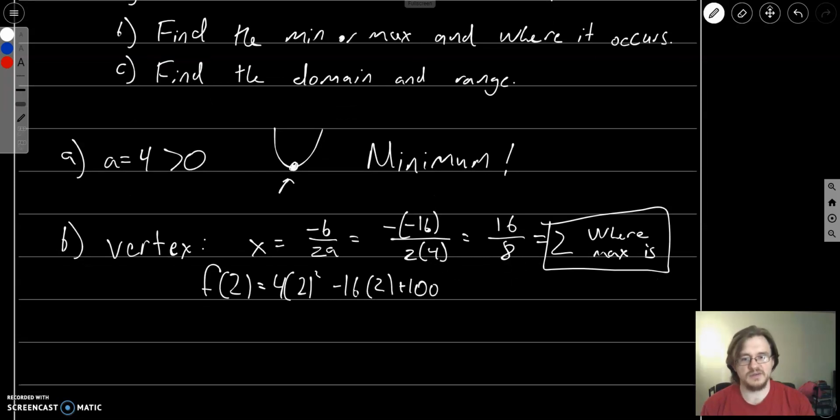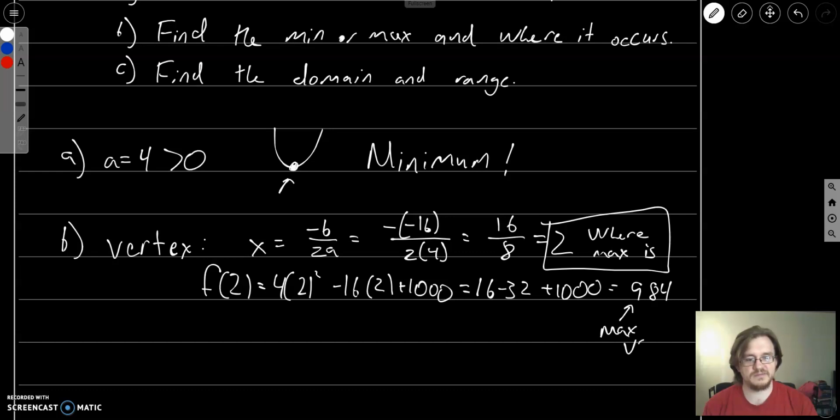And, oh, that's not 1,000, this is 1,000. So 2 squared is 4. 4 times 4 is 16. Minus 32 plus 1,000. This will be 984. So this is the maximum value. So just by plugging this in, we can find the maximum value.